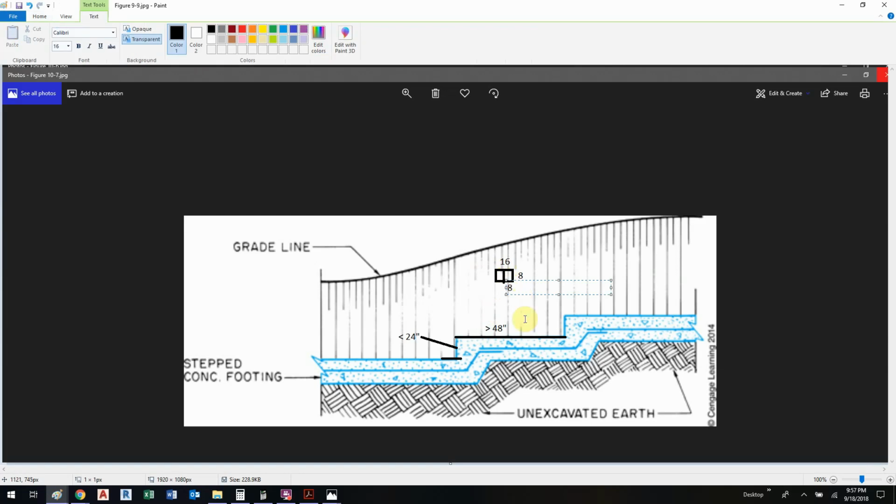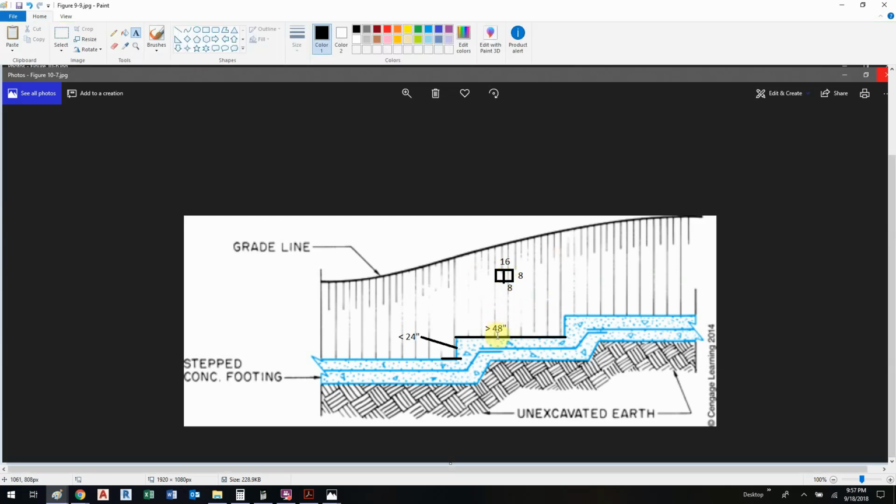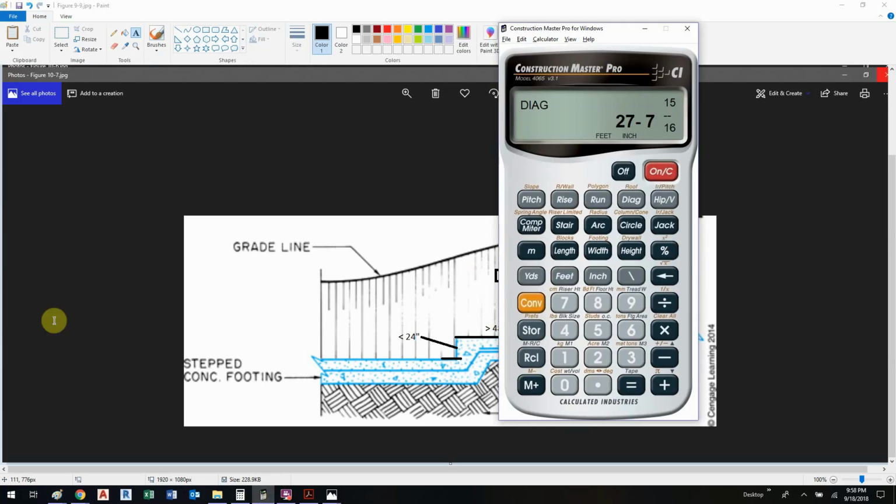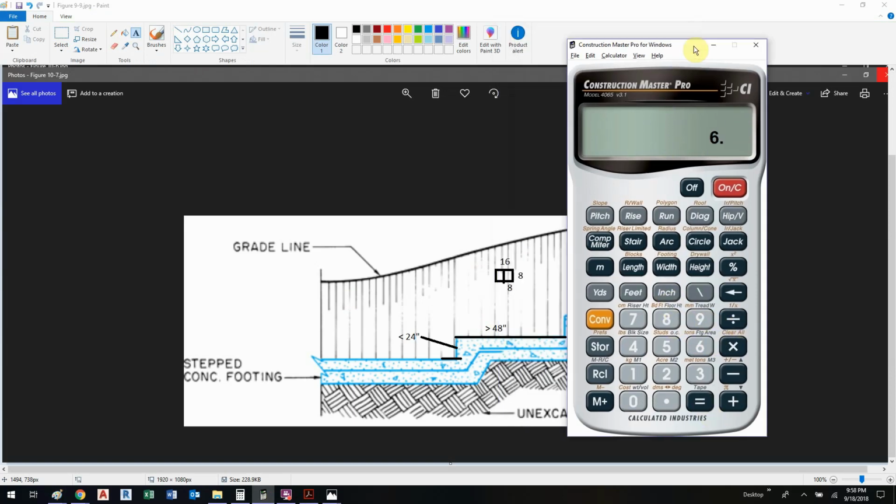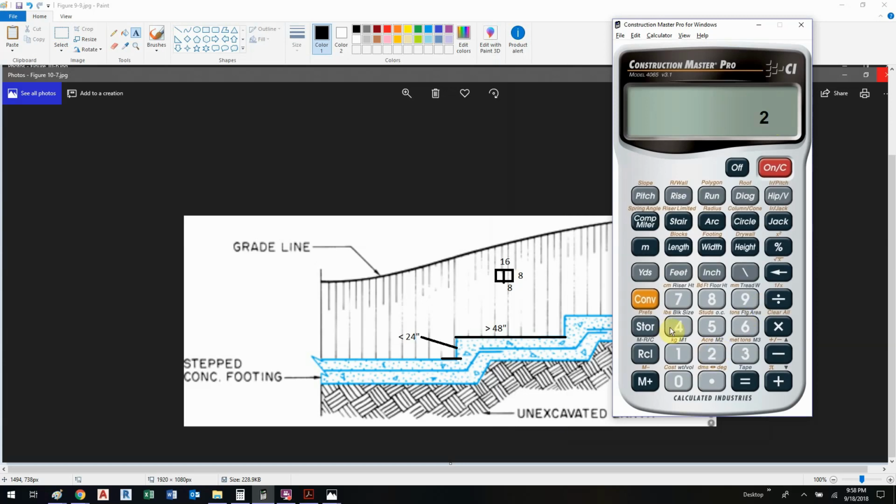So by doing that, does 48 divide by 8 equally? Sure it does. 48 inches divided by 8 inches equals 6 half blocks in there. And if we're going high, 24 inches divided by 8 inches, we're going to have 3.